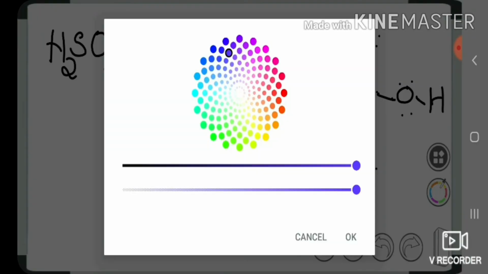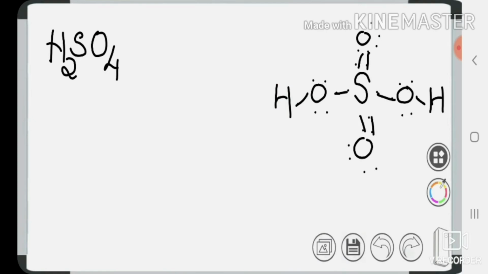Now we want to find the oxidation state of the sulfur. As we know, the charge of the oxygen is -2 and the charge of the hydrogen is +1. So in H2SO4 there are 2 hydrogen and 4 oxygen atoms.